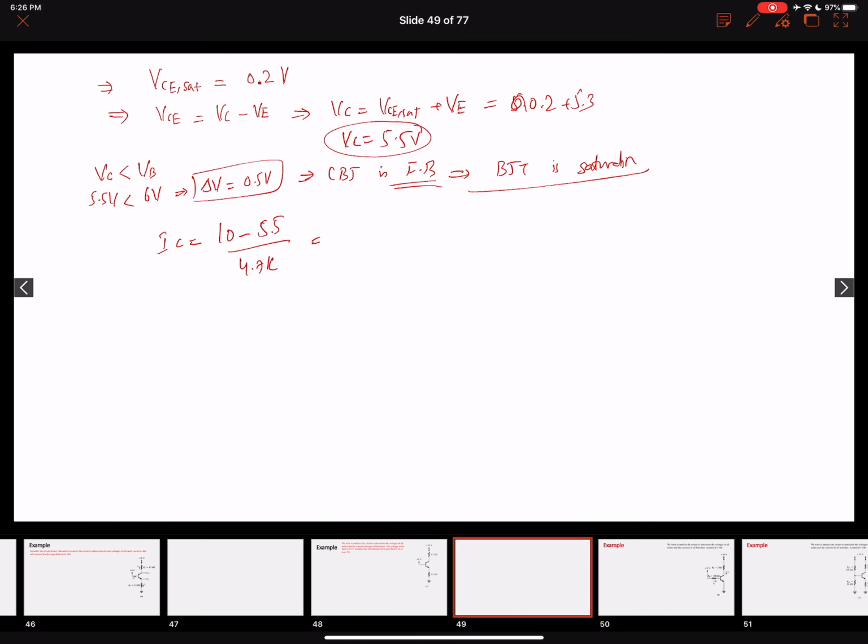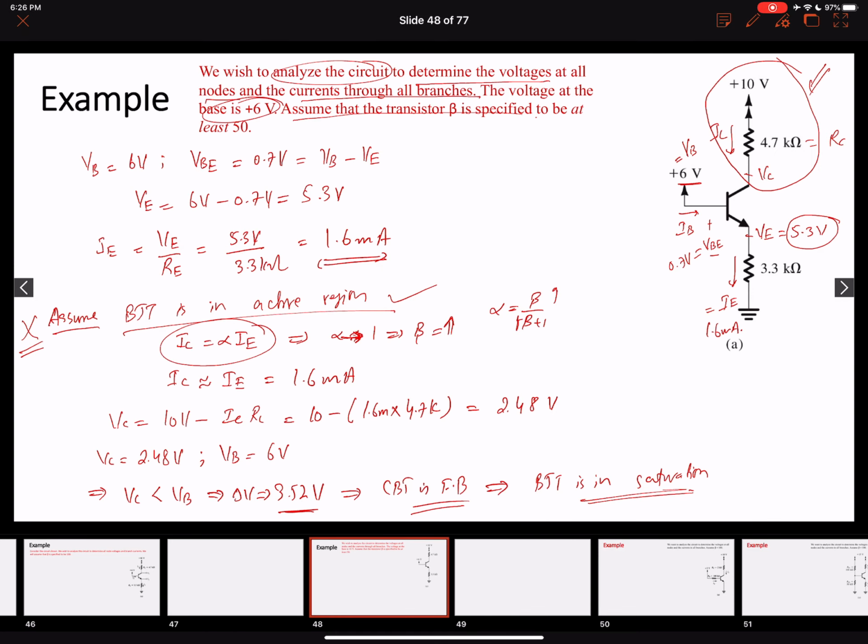The value that will come out to be 0.96 milliamperes. So once we find out the value of the collector current, I think the only value now that is remaining is the base current. Right, so we have a value of the emitter current, collector current, collector voltage, emitter voltage. Now let's find out the value of the base current.